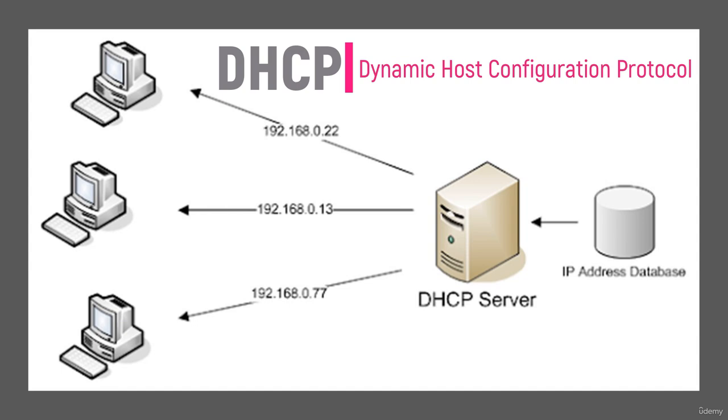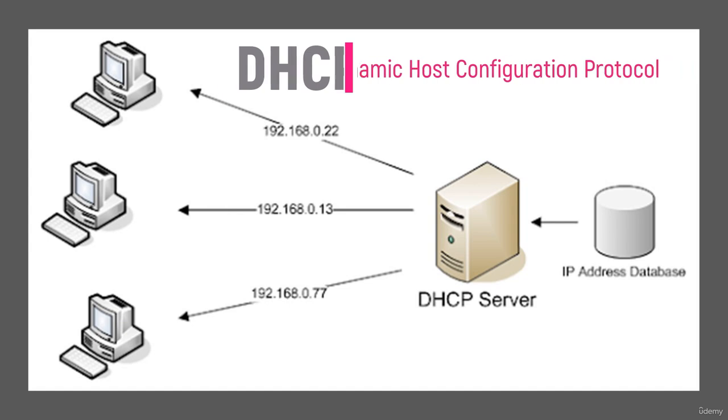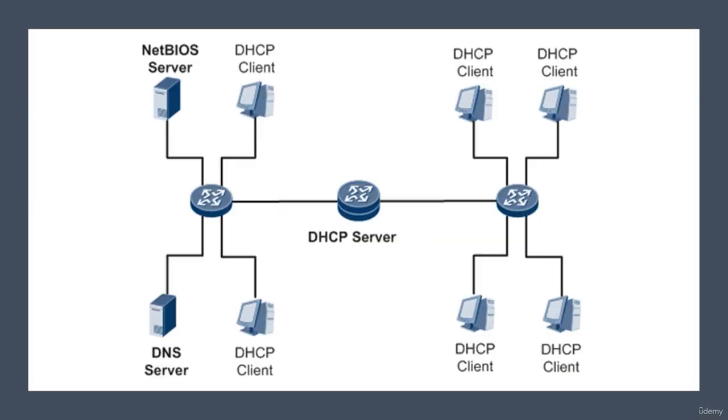DHCP consists of two components: a protocol for delivering host-specific configuration parameters from a DHCP server to a host, and a mechanism for allocating network addresses to hosts. So DHCP is built on a client-server model, where designated DHCP server hosts allocate network addresses and deliver configuration parameters to dynamically configured hosts.